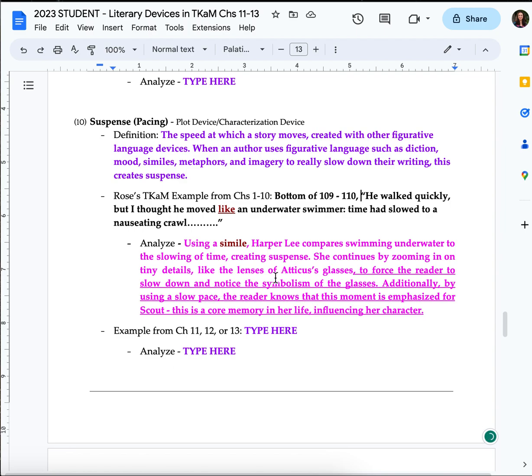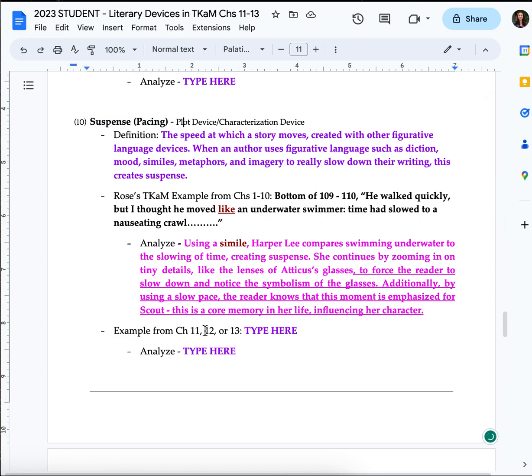So not only do we talk about how this is emphasizing slowing down the play, but also the novel, but also it is a figurative language device in that it supports symbolism, and it's a character device in that it influences her character. You'll have to go find your own moments of suspense and pacing.